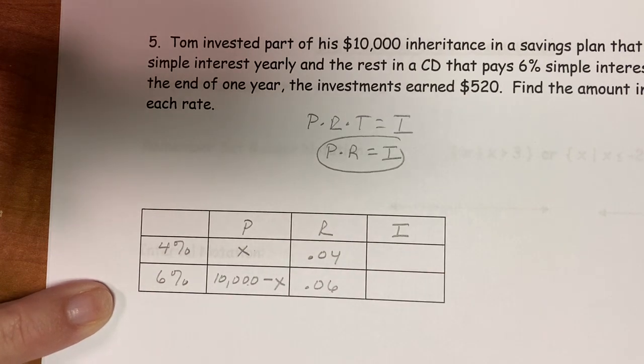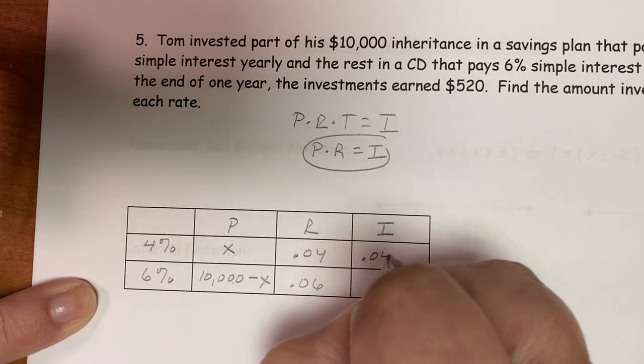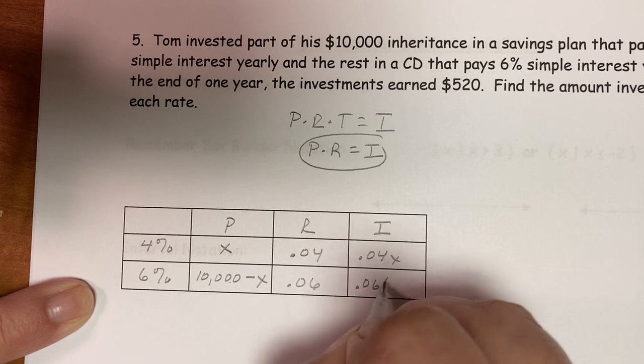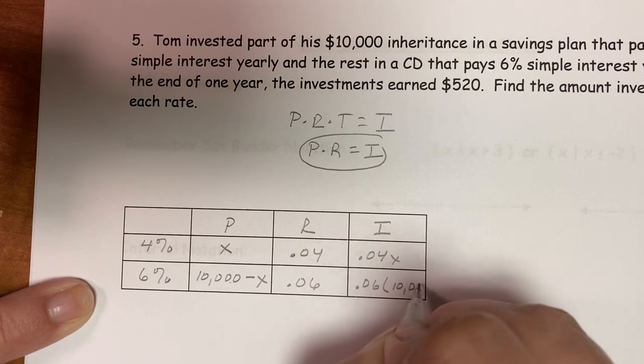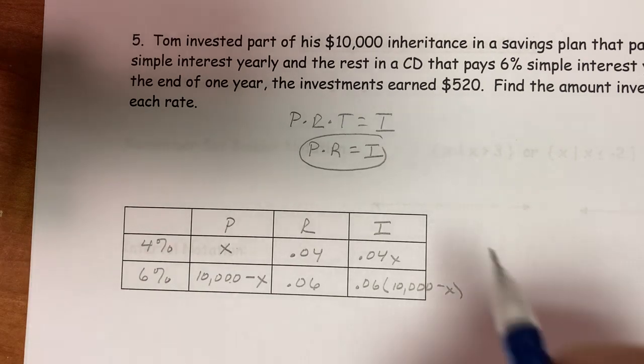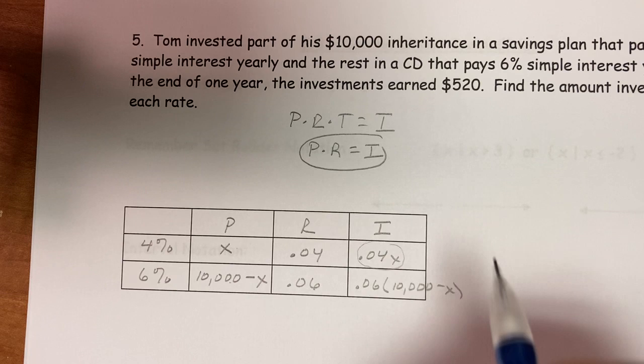So how do I get my interest? Well, I multiply principal times rate, so here I'm going to get 0.04x. And here I'm going to get 0.06 times 10,000 minus x. Now, how am I going to set up my equation? Well, the good news is distance problems, there are a couple of different options. For these money types of problems, there's only one option. So this is the interest that he earned from his 4% account.